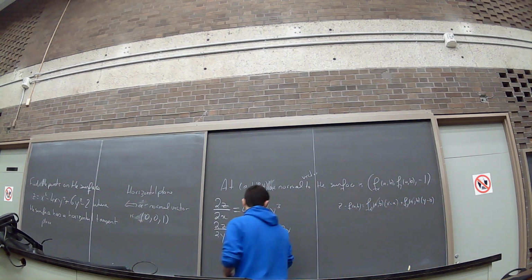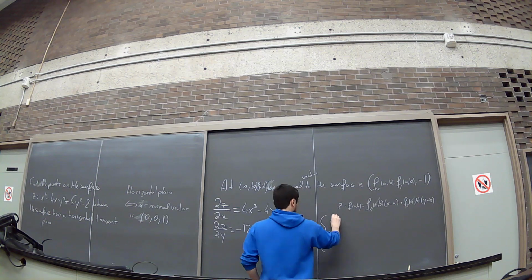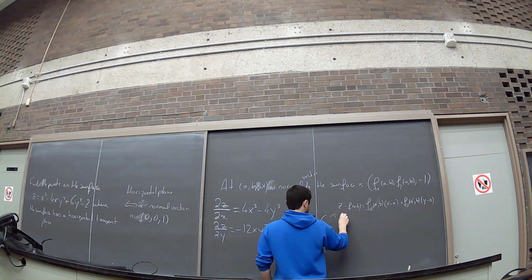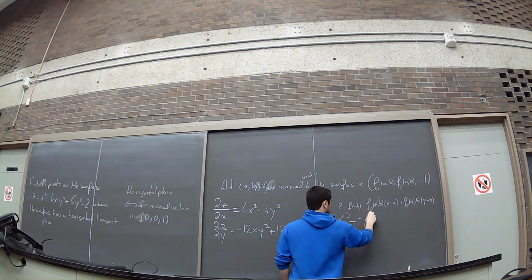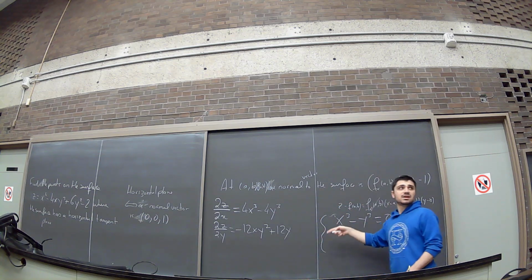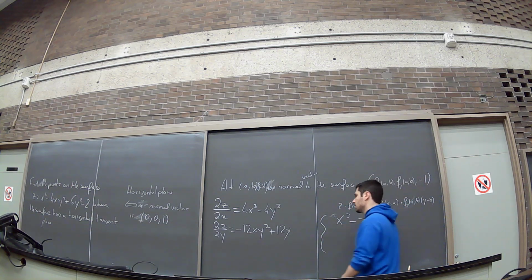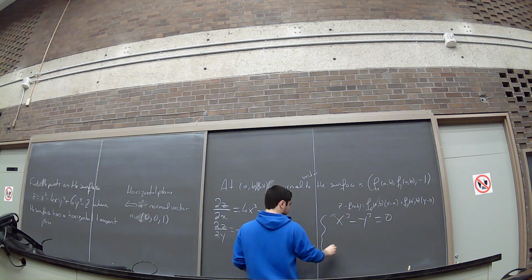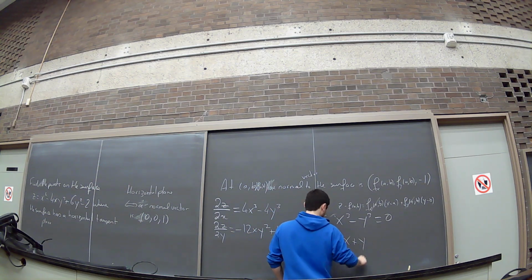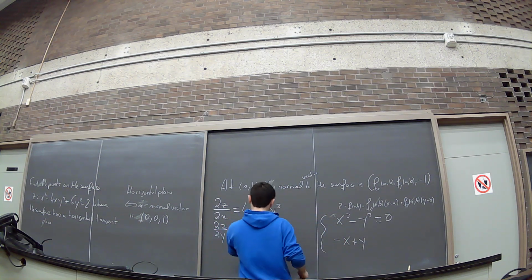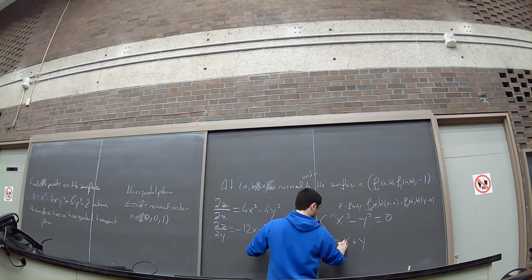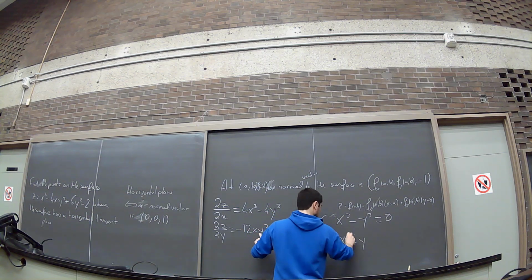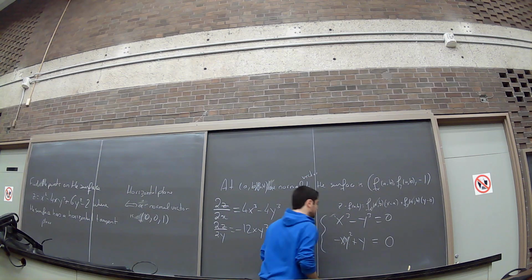So let's solve these two equal to 0. So I need x cubed minus y cubed equals 0. I just cancelled 4. And then I'll just cancel 12. What do I need? Minus x y squared plus y is equal to 0.